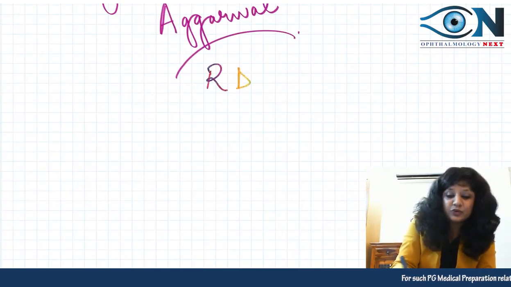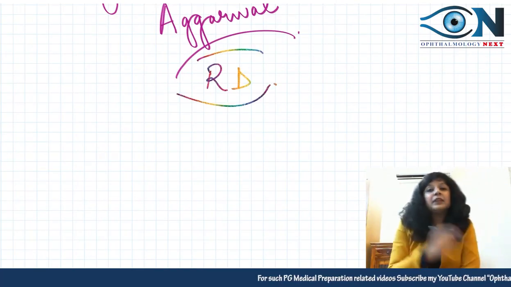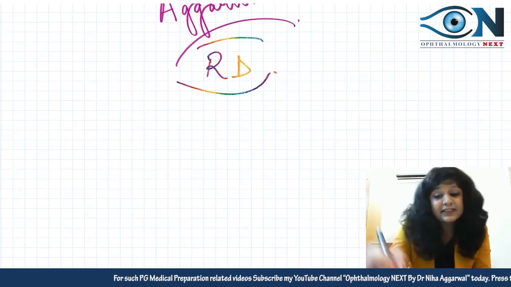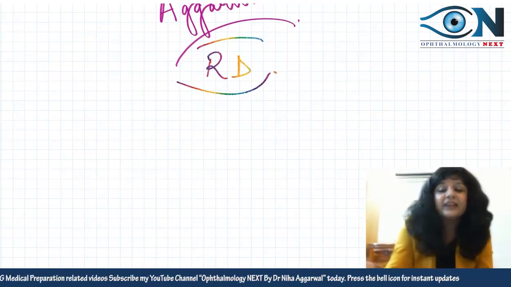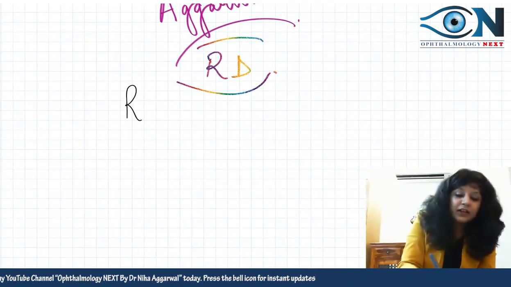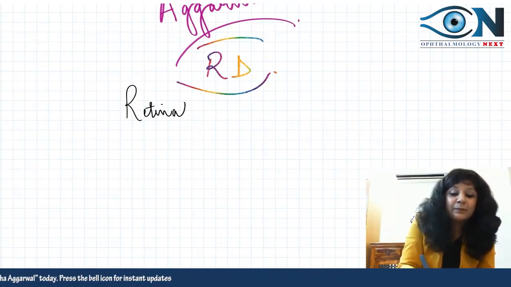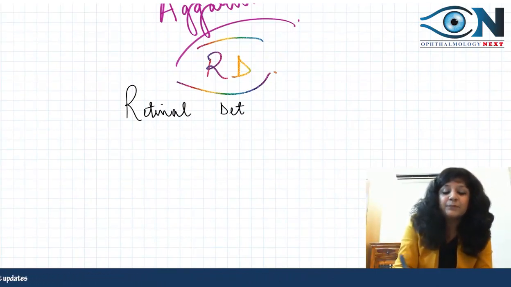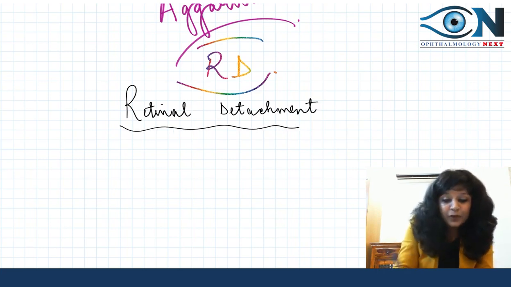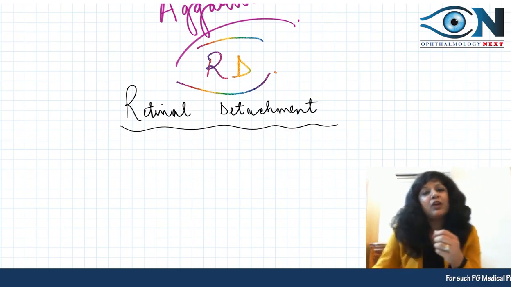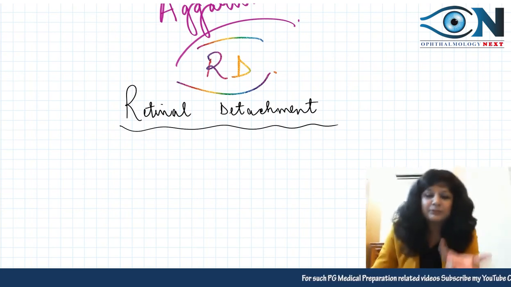Retinal detachment. Now, the important thing starts from the name itself. When I say it is retinal detachment, as I always say, abbreviations are very, very important in ophthalmology, and you should always know what each abbreviation means.